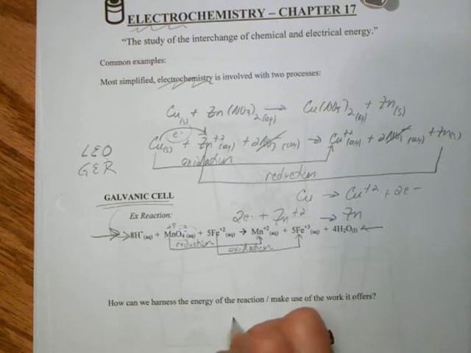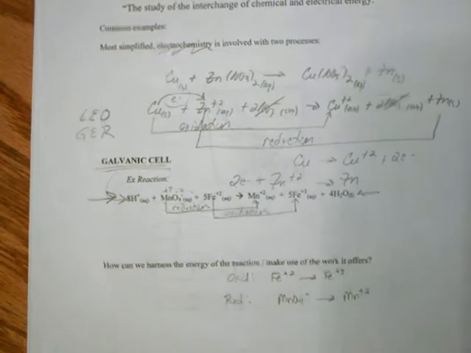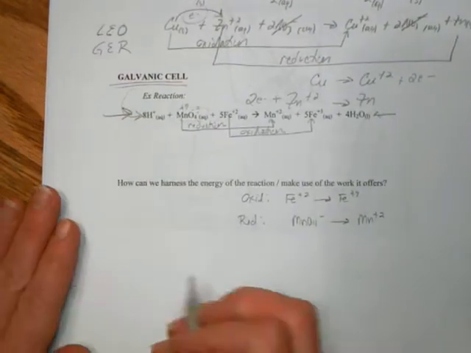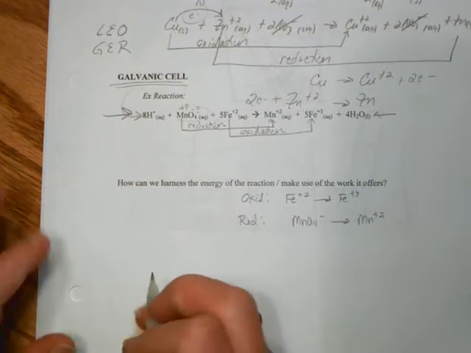Well, if we can separate the oxidation, iron +2 to the iron +3, and the reduction, where we have the permanganate ion creating manganese +2.